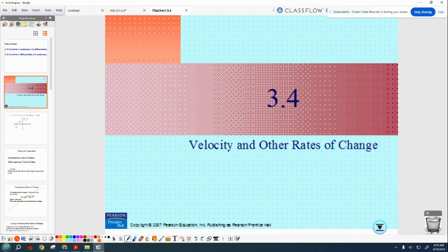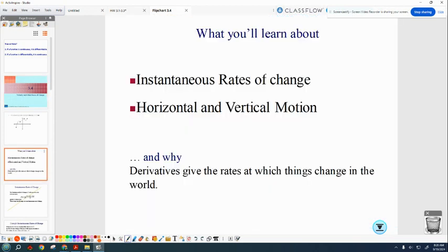Then how does your velocity change if you are speeding up? There's acceleration. So just look at it to see what those things are, because 3.4, which we will start with tomorrow, is kind of applications of derivatives in the physical sense that you understand velocity.